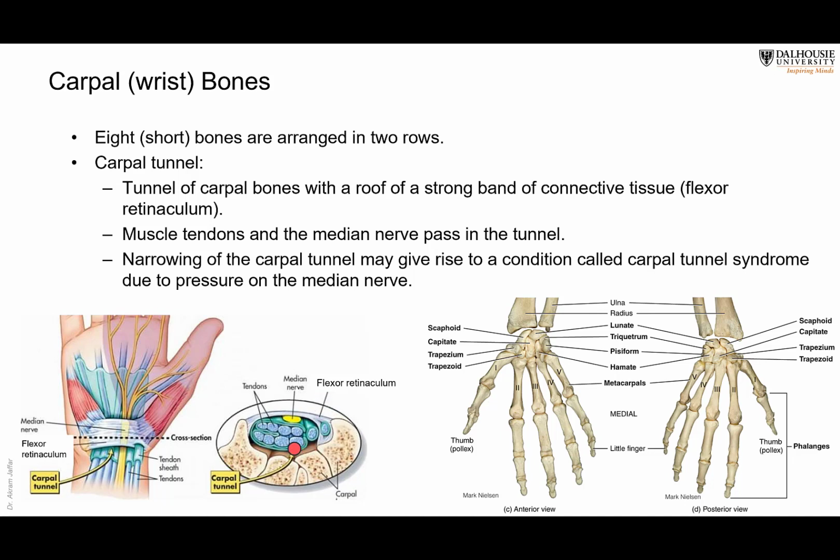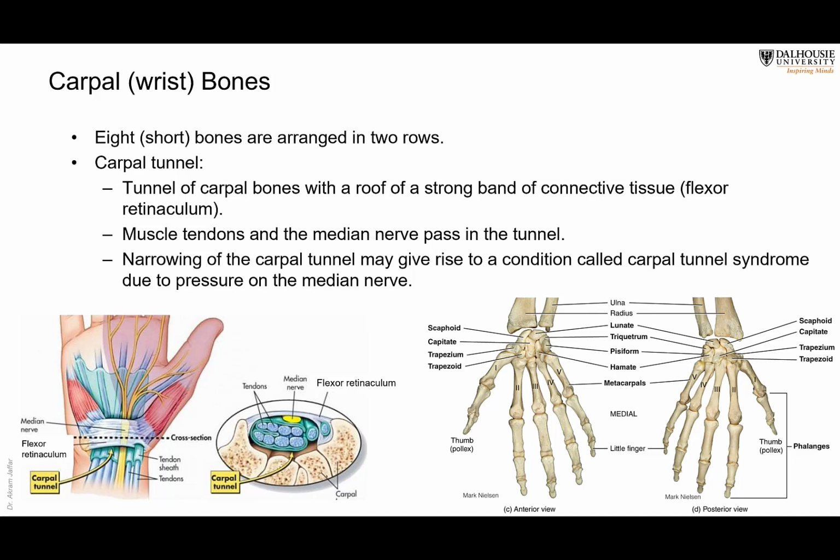The problem here is that any inflammation in these tendons cannot be compensated by enlargement of the tunnel, because the tunnel is made of thick connective tissue and bone, so it cannot enlarge. That's why this results in compression on the nerve, a syndrome called carpal tunnel syndrome.